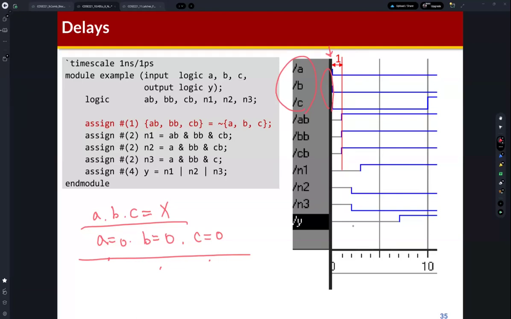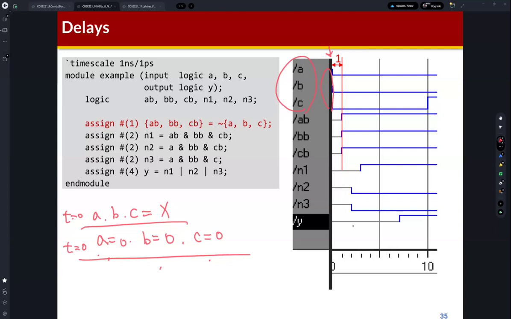Okay. So actually this is t is 0 and this is t is 0, right? Because ABC is initially don't care and then it will be initialized as 0, 0, 0.